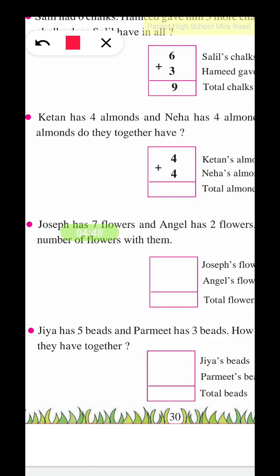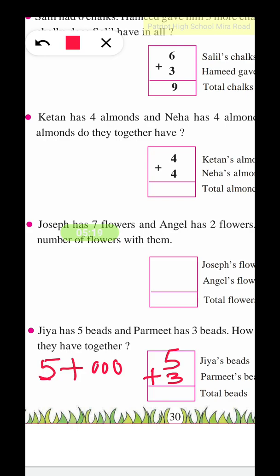Jia has 5 beads. And Parmit has 3 beads. 1, 2, 3. So Jia's beads 5, Parmit's beads 3. 5 plus 3 we have to find out. So we will write 5 as it is.